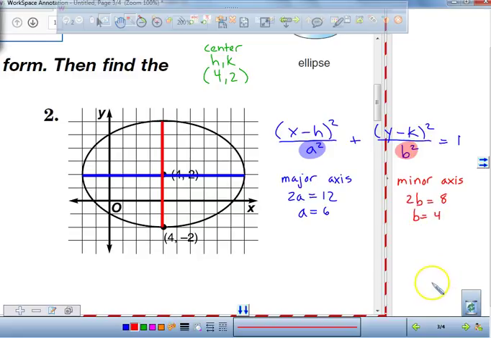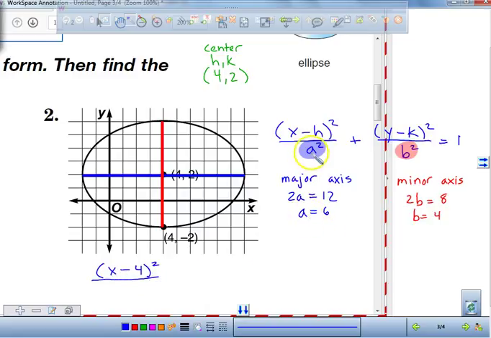So now all we have to do is plug the information in. This is how I start every single problem where I'm trying to interpret it. I draw on my major axis, I draw on my minor axis, I find my center. Alright, so here we go. Here's our equation. X minus, what's our H value? 4.